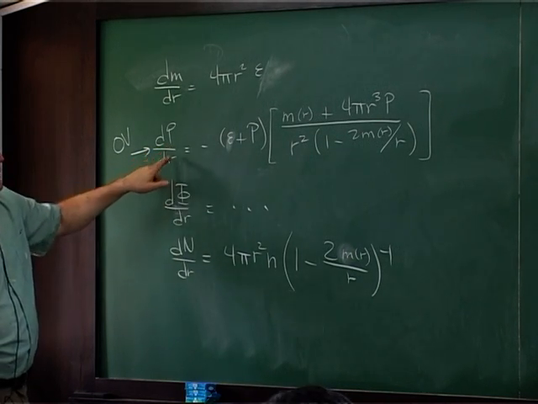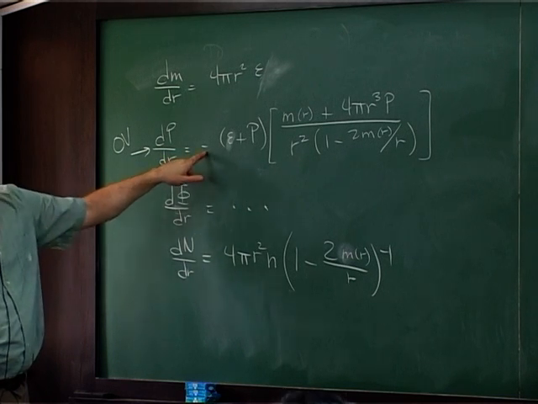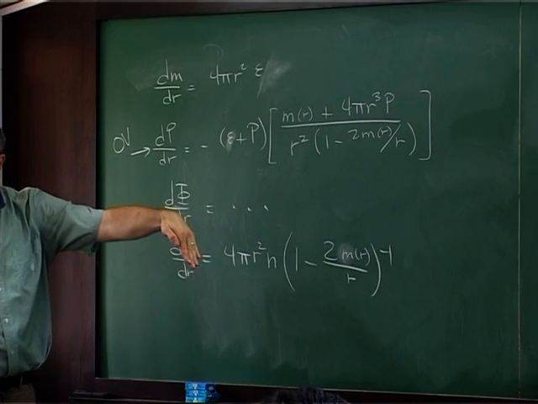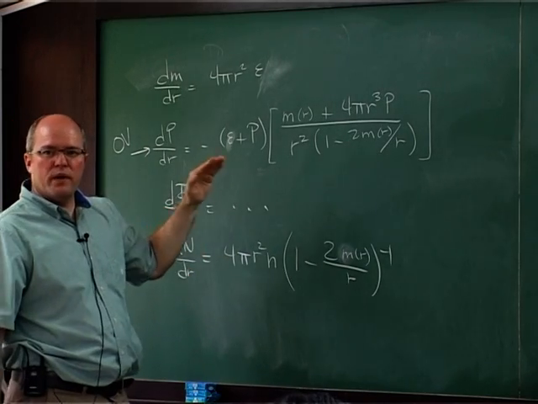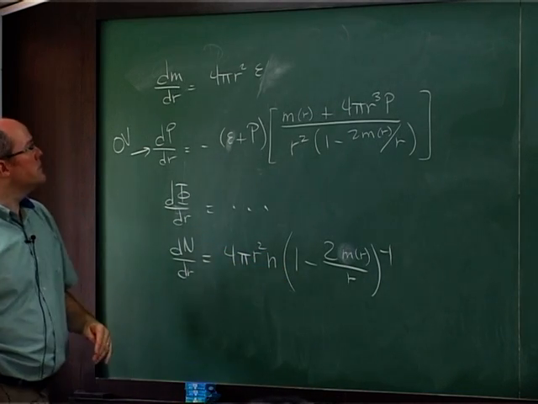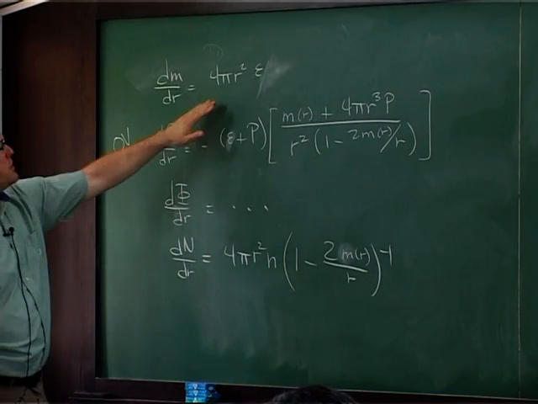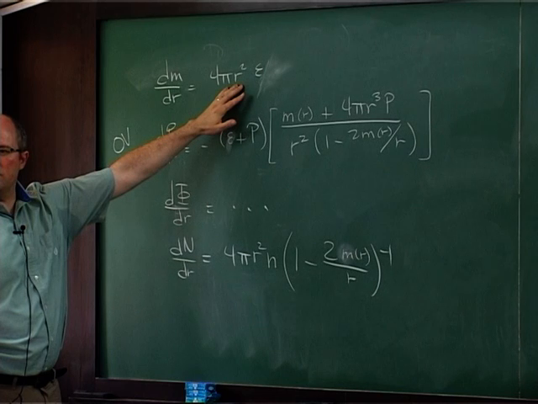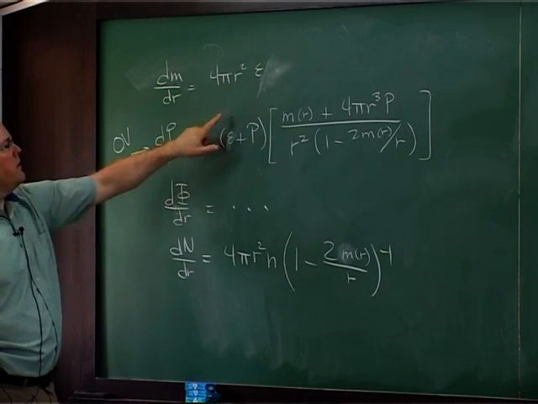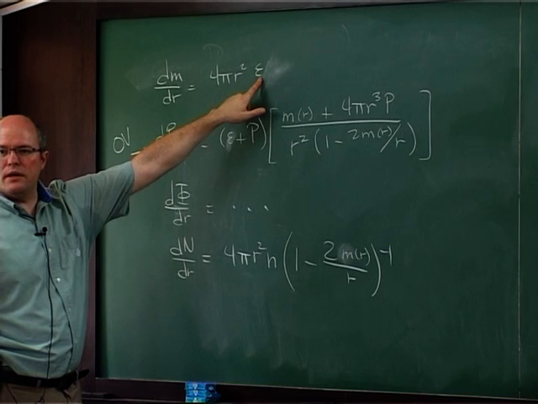Notice that dP/dr has a minus sign here, so pressure has a negative derivative as you go out in radius. That makes sense, right? As I think about the profile of the star, I should have a high pressure at the center, and it goes down as I go out. This equation looks almost like a Newtonian equation. It's M here, and I have energy density here.